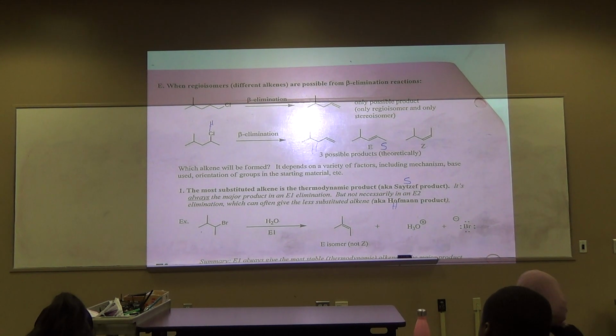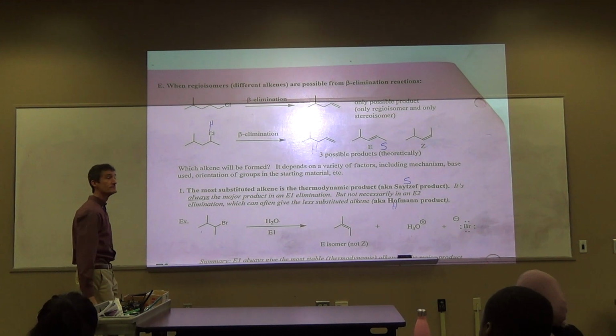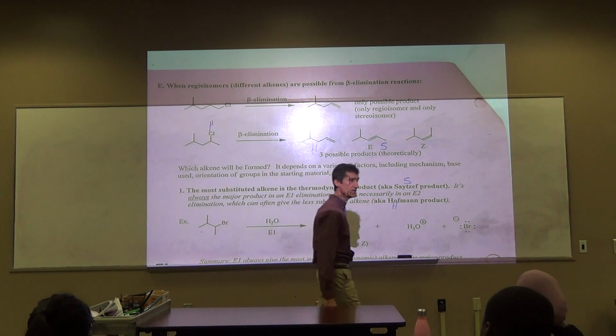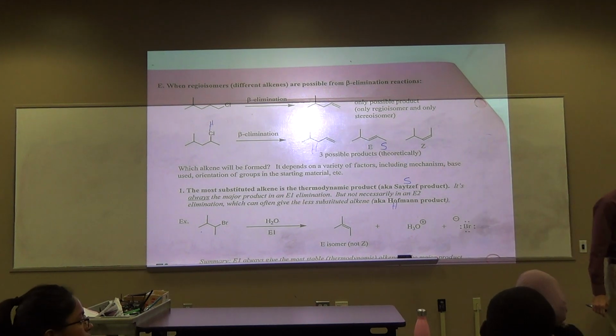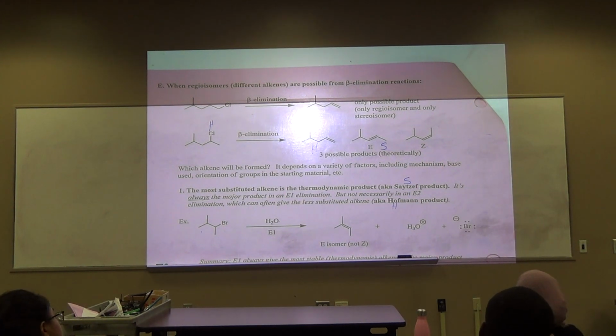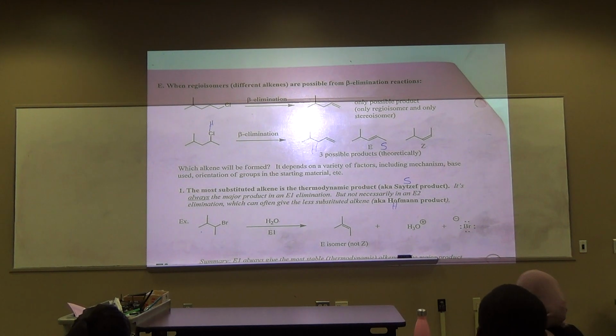If it was E2, which would be the product? Not necessarily. It doesn't say that. It says not necessarily the Zaitsev. It says that E2 can often give the first one. Doesn't say it will.